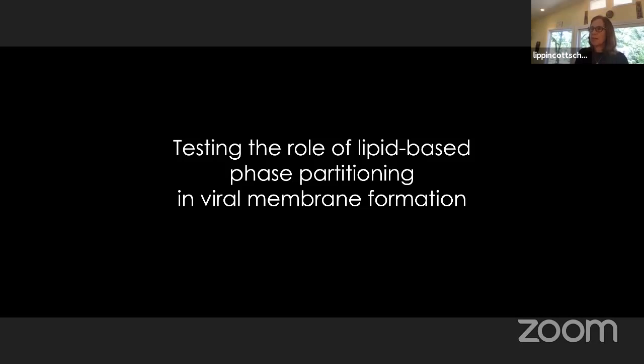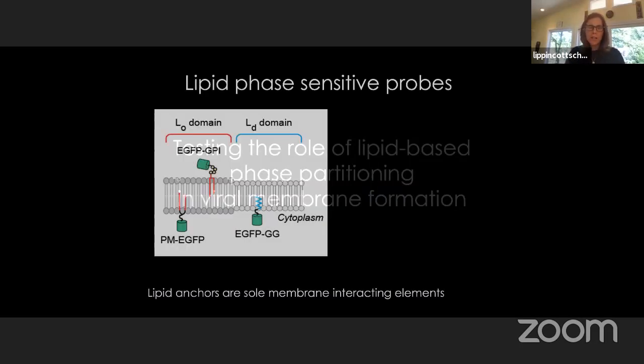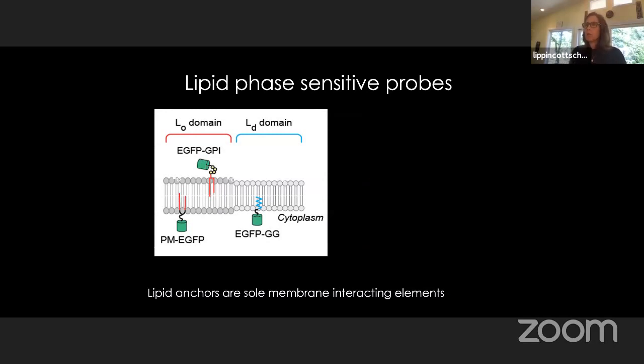What's the role of lipid-based phase partitioning in viral membrane formation? So we started by generating several lipid phase sensitive probes. And these are three molecules that we looked at. These two here, the PM-EGFP, has a myristate and palmitate residue that allow it to be anchored through lipid into the bilayer.